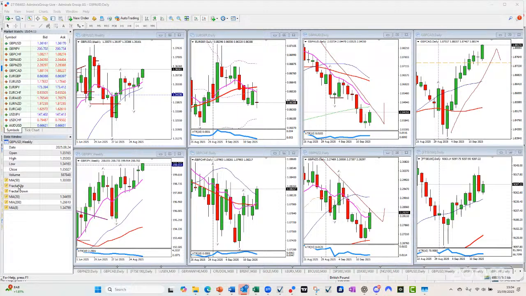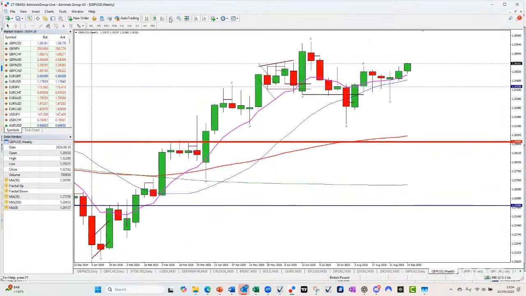The Canadian economy is not exactly looking great, but anyway, let's look at cable weekly chart. You've heard me talk about how the strength in sterling, a lot of that has been down to dollar weakness more so than any perceived strength in the UK economy. They've just run off the back of that.